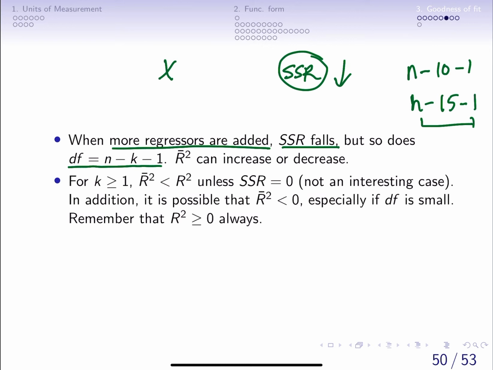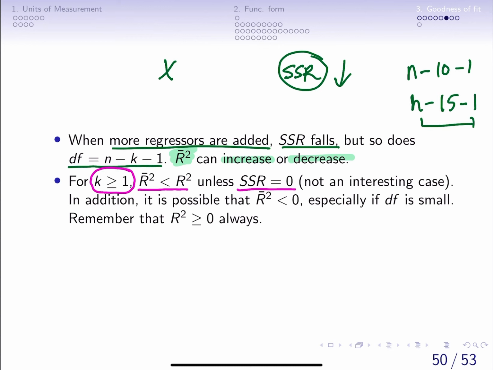So this can make the adjusted r-squared increase or decrease, so there's a penalty for that. Typically, for any k greater than or equal to 1, adjusted r-squared is strictly less than r-squared, unless the sum of squared residuals is equal to 0, which is not interesting for us.